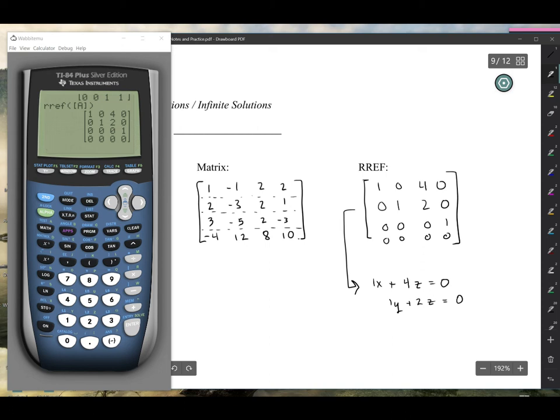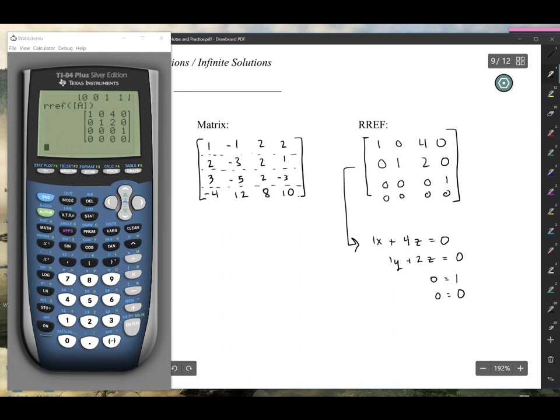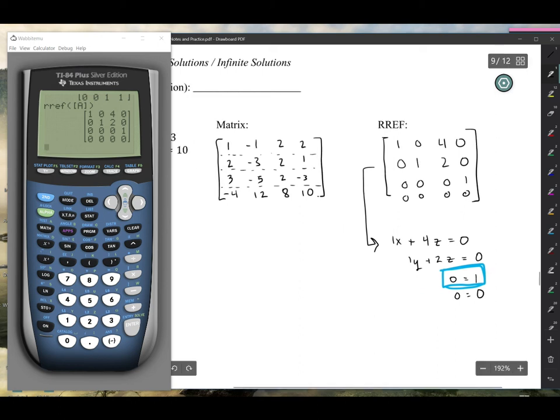This third row, there's no x, there's no y, there's no z. It's saying that 0 equals 1, and the last row is 0 equals 0. Now, right here, at this point, when you get 0 equals 1, well, that's not possible. You can never have 0 is equal to 1. So that just means this is an example of no solutions.